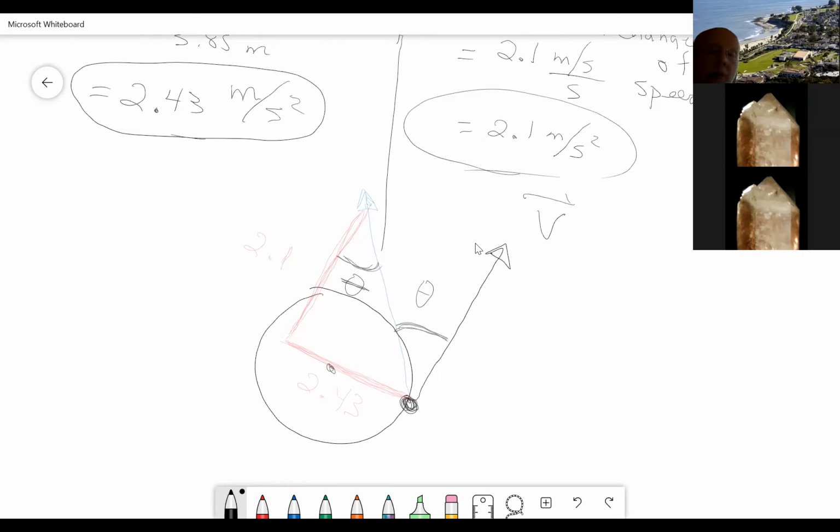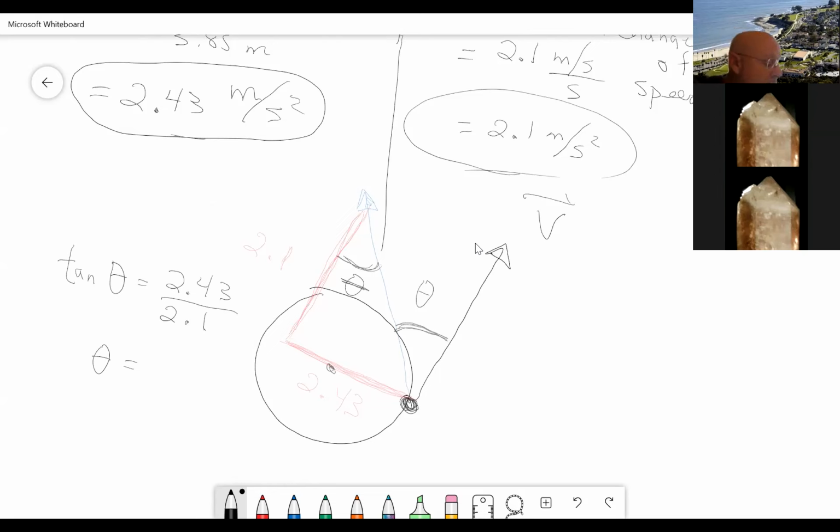Okay. So if I say tangent of theta is equal to opposite 2.43 over the adjacent 2.1. And I grab my calculator, start with 2.43 and divide it by 2.1.